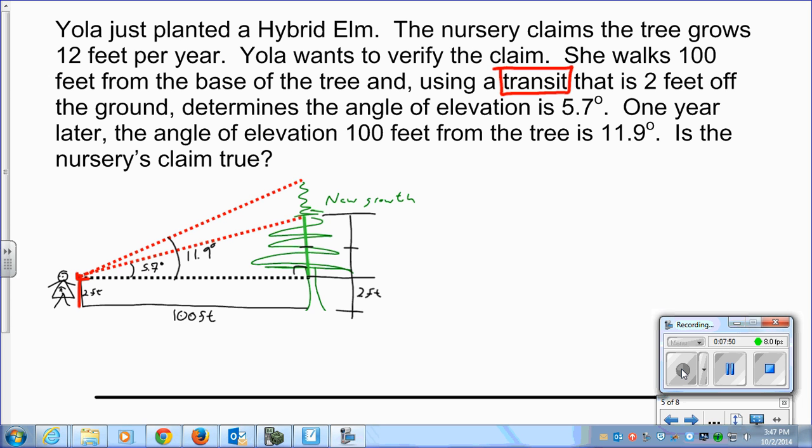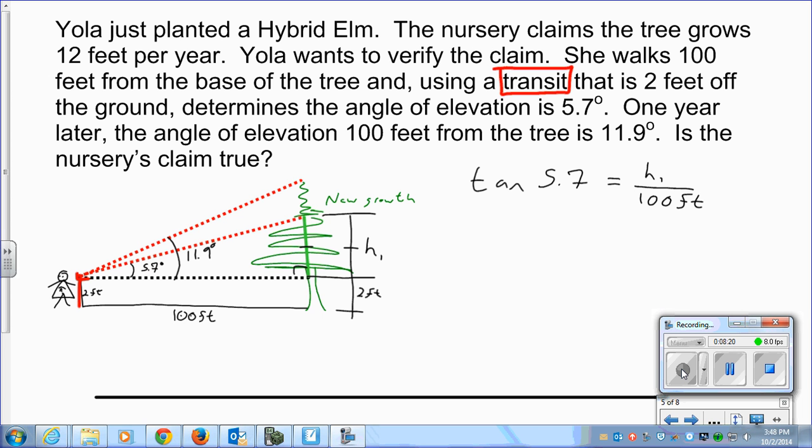So in order to find this, I'm going to call this H1. So to find H1, I notice that that's opposite, and I know my adjacent side. So that's tangent of 5.7 is equal to opposite H1 over my adjacent side, which is 100 feet.